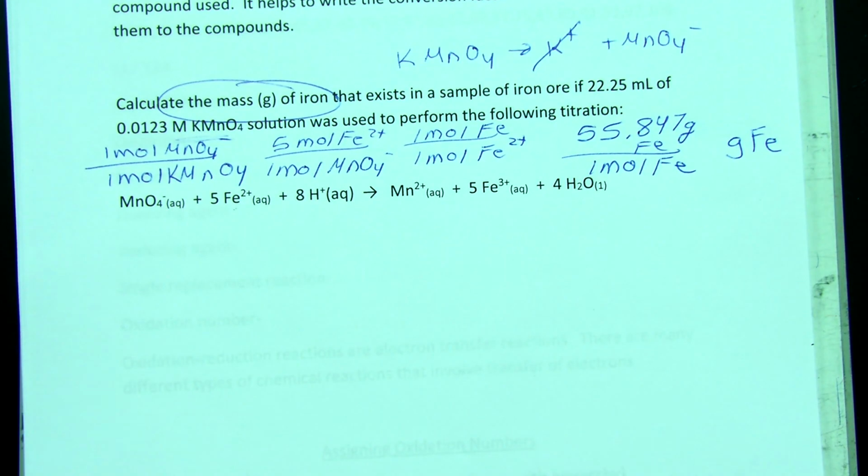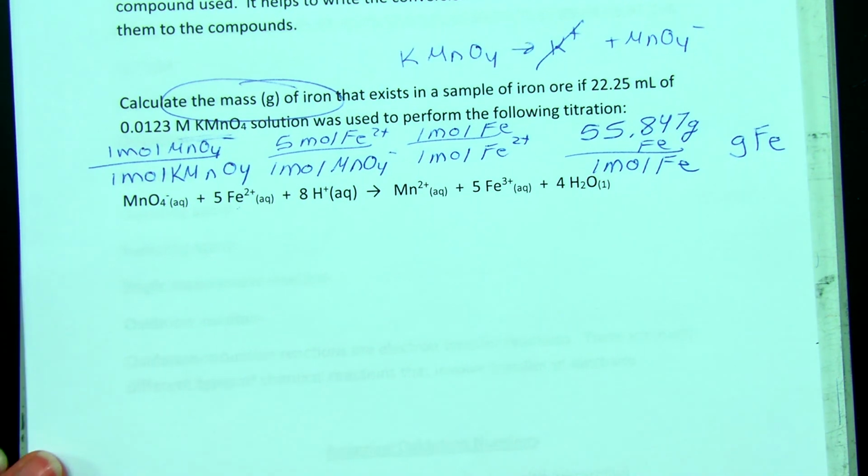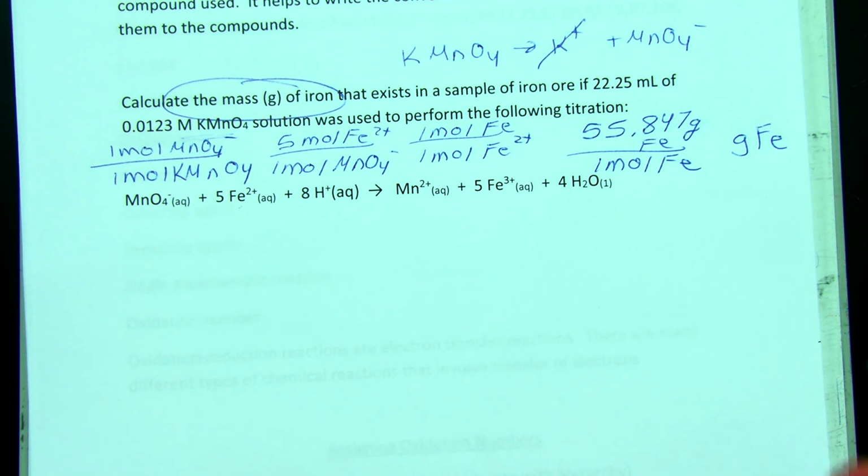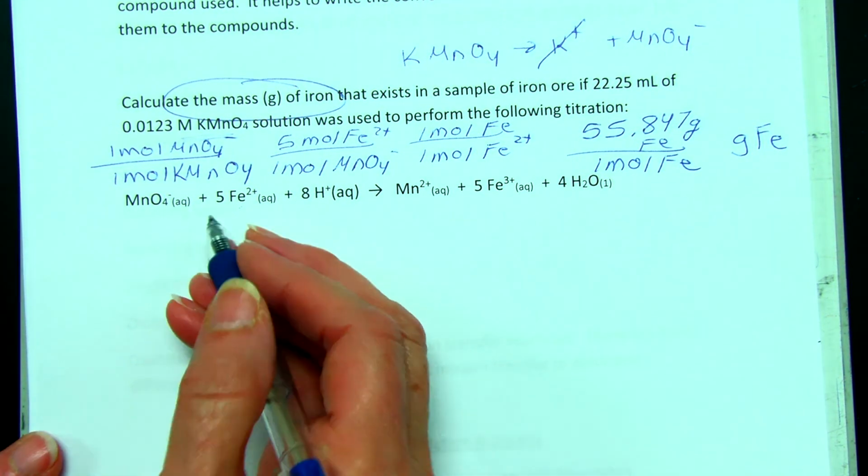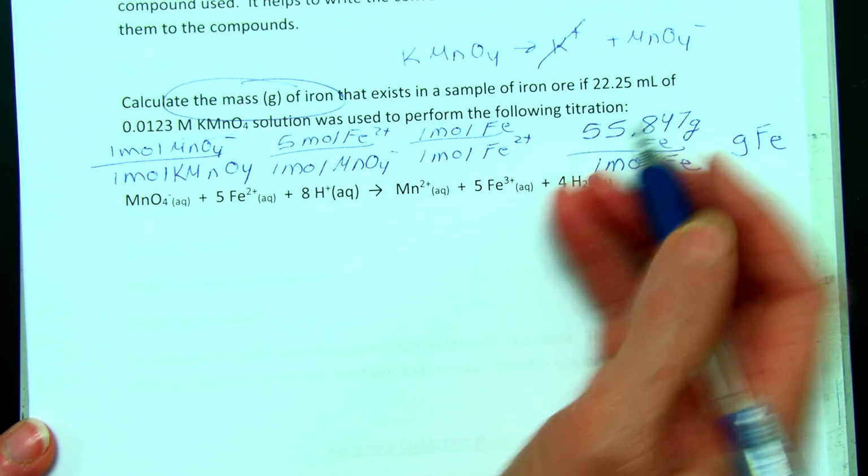So you need to kind of think about this. Where do these ions come from and how are they related to the elements? And once we've done that, we can now do this problem just like some of the others that we did that weren't as difficult. So this time I'll start with what I'm given.